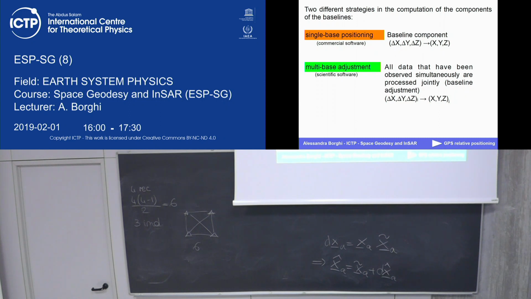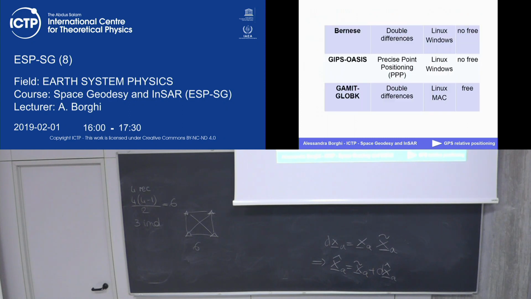And from this, we obtain the coordinates of the point. We are going to see how, from the baseline components, we obtain the coordinates. But it's important that in the single base, as the name says, the software processes baseline after baseline, not put together.